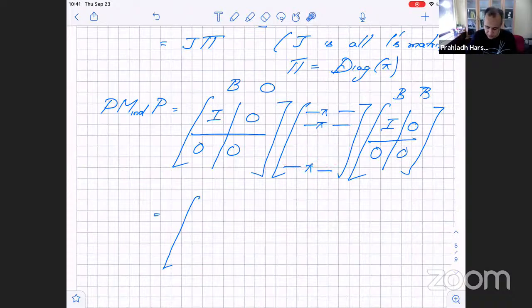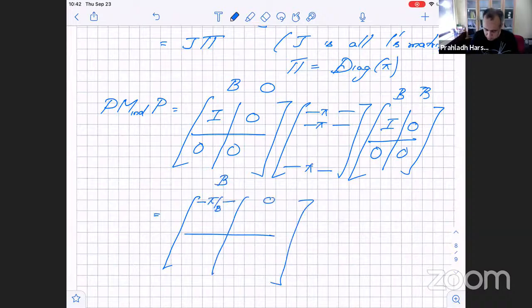So if you look at it, this will once again be B. It will just have pi restricted to B and then 0. There's a big 0 over here, 0 over here, 0 over here. This is the matrix that you will get. P M P will look like this object.